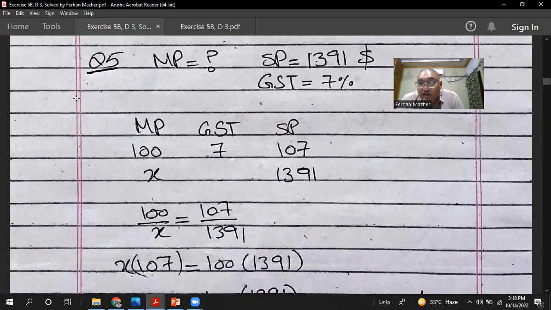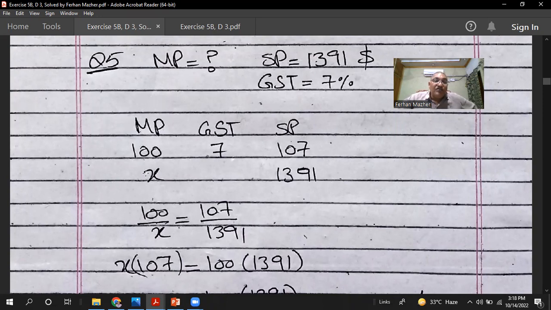So I am going to use the method of proportions. So mark price, GST, sale price. 7% GST means that if the mark price is 100, the GST is 7, and the sale price will be 100 plus 7, 107. So what is the mark price? Suppose it's X when the sale price is 1,391.